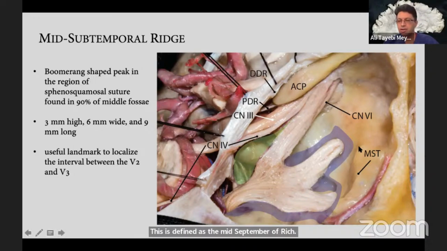It's basically a ridge, like a sierra, between V2 and V3, just lateral to the two. It might be very prominent, and it might not be that prominent. But if you find something here, it is called the mid-subtemporal ridge. And usually it is very useful to find the interval between V2 and V3, even before getting the two. Okay, so right anterior to the foramen spinosum.